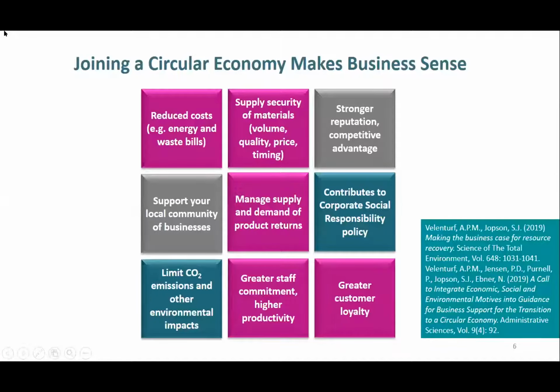why as a company you may want to join a circular economy. And that is of course because joining a circular economy makes a lot of business sense, because when the costs of resources are increasing as they are now, the most competitive companies will be the ones that are the most resource efficient. So the more value that you can generate from a resource, the better you will be doing.